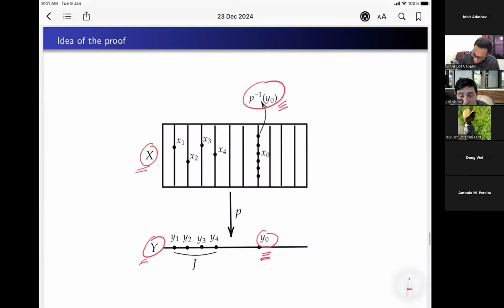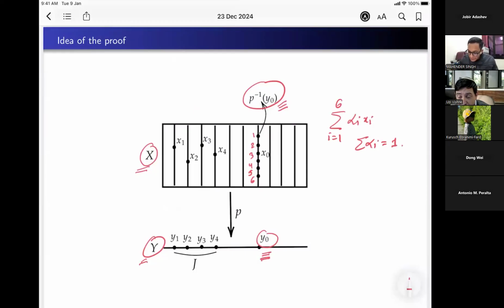These are the finitely many points that I have drawn: point number 1, 2, 3, 4, 5, and 6. Look at these 6 points in the fiber and take their convex combination. So I consider the summation of alpha_i x_i, i from 1 to 6, such that the summation of alpha_i is 1. One can easily see that this will actually be an idempotent because all these symmetries are the same.